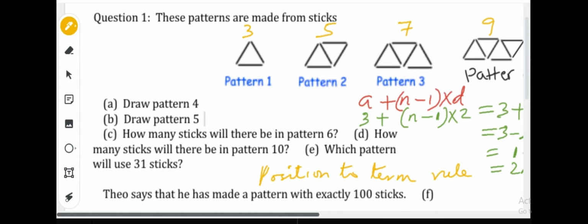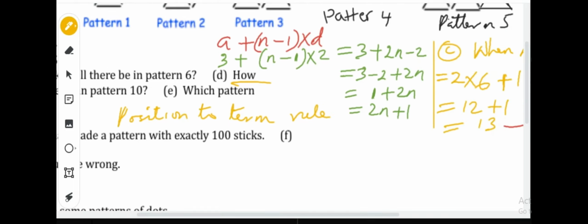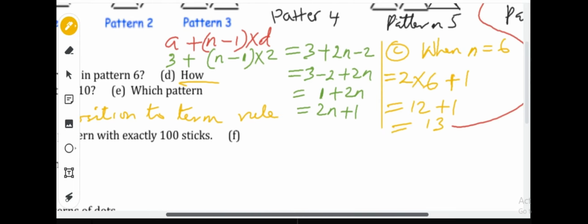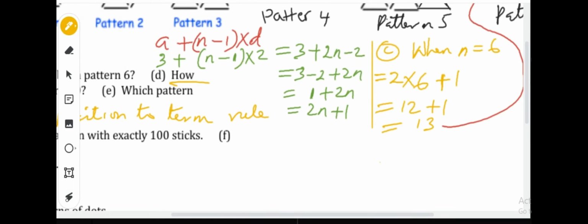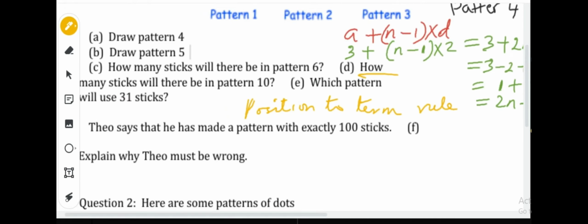Now this other question, D, says how many sticks would there be in pattern 10? We'll do the same thing. Instead of counting up to 10, we just do, for D, when n is equal to 10.